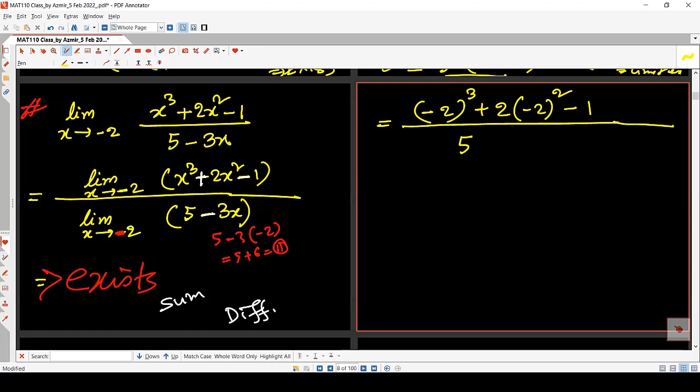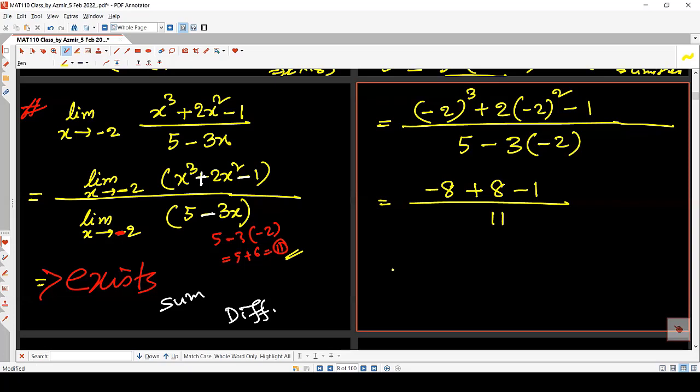Similarly, where we have x in the denominator, we are plugging -2. So here in the upper part, we have -8, plus 4 times 2, that is 8, minus 1. And in the denominator, we have already seen that it will be 11. So finally, we are going to have -1 divided by 11. That is a finite value. So limit exists.